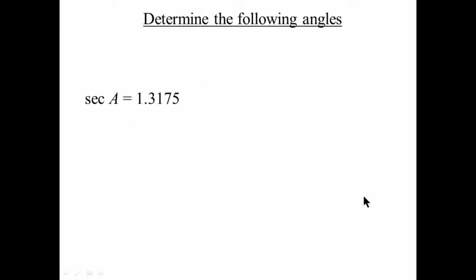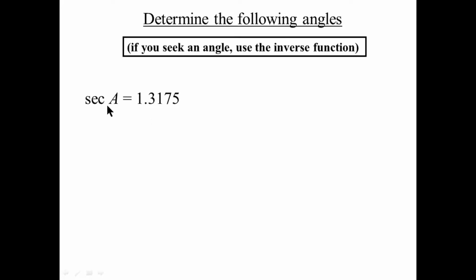Let's try some of these. Here we're given the secant to be 1.3175 and asked for what angle A has a secant 1.3175. To do this problem, we recall, if you seek an angle, use the inverse. But we don't have an inverse secant button, so what we will do is we'll use the mutually reciprocal friend of secant, which is cosine.